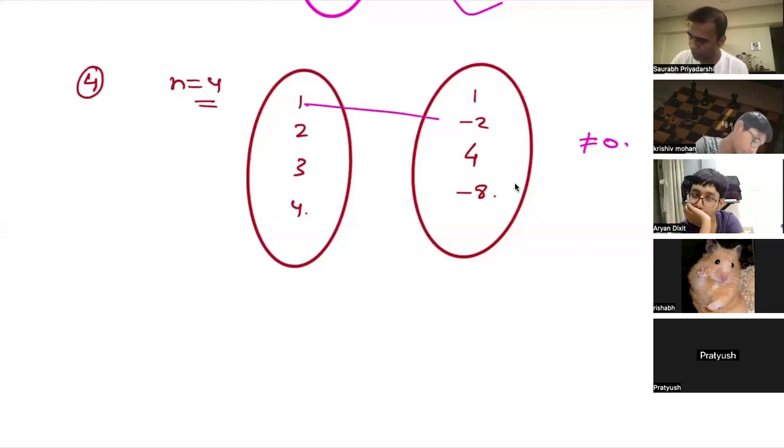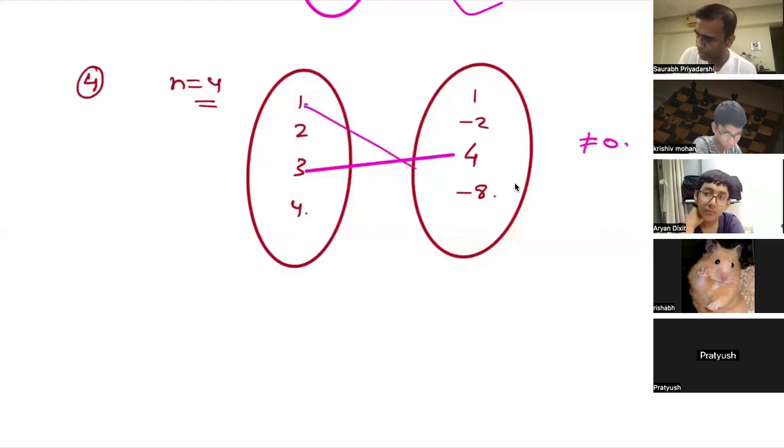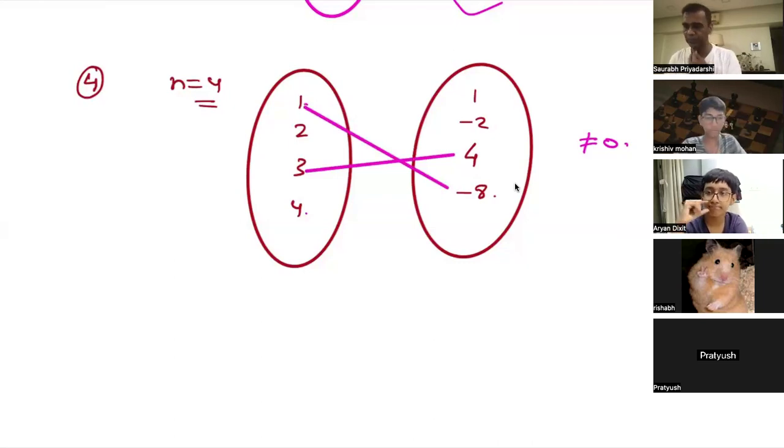So I have option of these three options, right? So 1 and 3 has to map with either -2, -4, and obviously I have to make this 0. So we have to make a greatest number with this. So 1 will be multiplied with -8, right? Sir, I think not possible. So that is not possible. I did the case work for this. So odd number must go to the even one, right?